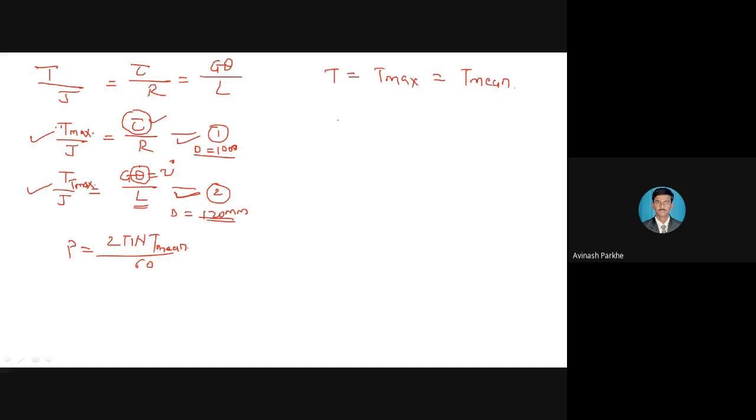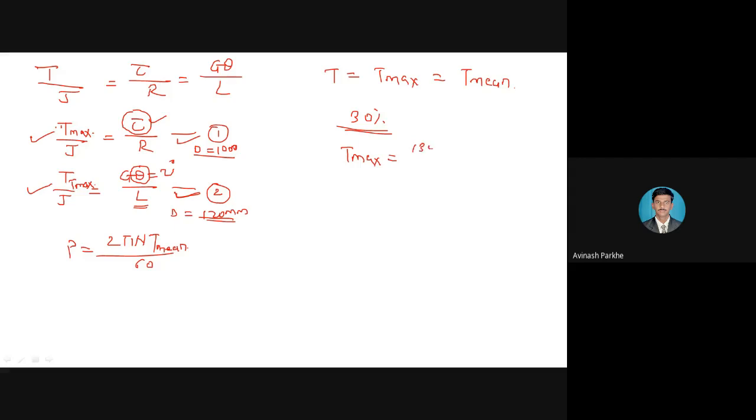In the last lecture we discussed one problem, where the torque transmission capacity for each revolution is exceeded by 30%. That means 100% torque transmission is already taking place, and in addition to that 100%, an extra 30% torque transmission will be there.